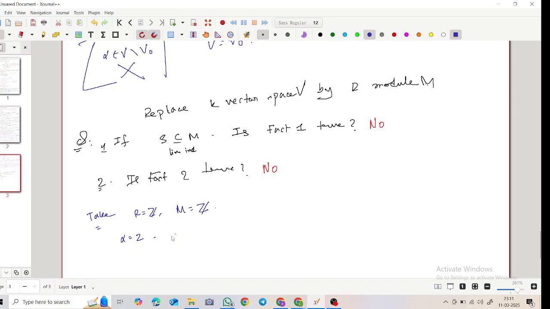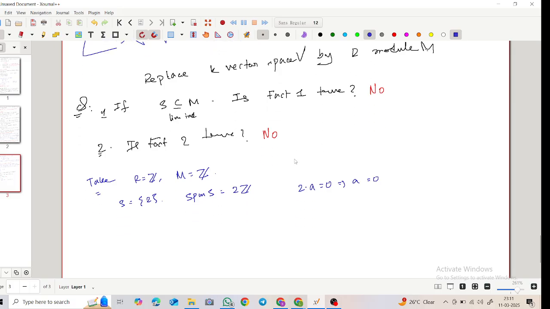Now you take S equals singleton 2. Okay. So what is span S? That is 2Z, right? And you can see 2 is linearly independent, right? I mean 2 into a is 0 implies a is 0. Okay. So this is linearly independent.